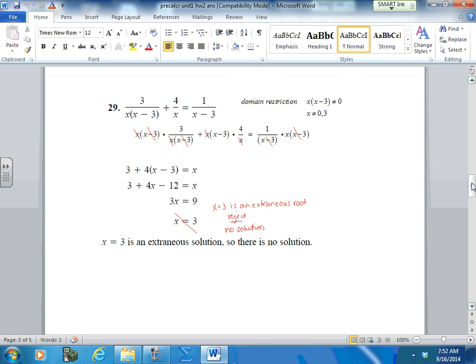And we say, oh, 3, I can't use 3. Therefore, this is called your extraneous root. We reject it, and because it's the only one that we found, we have no solution. We have to say the no solution, just like you did in Algebra 2. Questions? No?